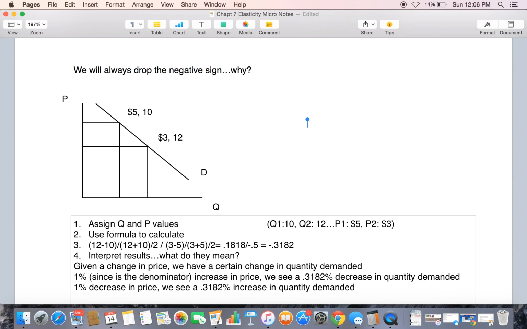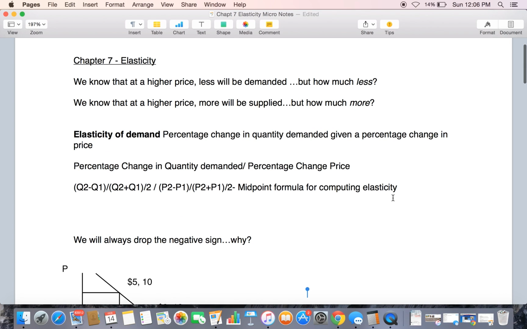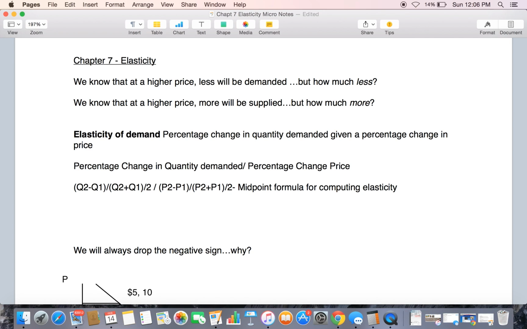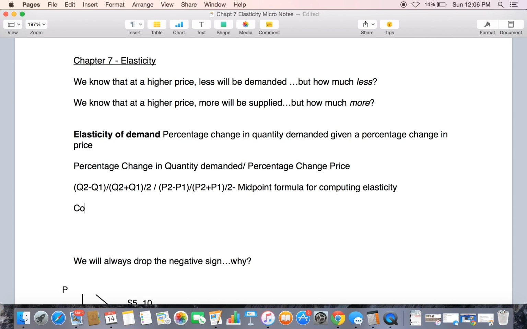demanded. So is this very elastic, or is it elastic, or is it inelastic, or is it very inelastic? We have some ways of interpreting these results based on what our elasticity coefficient comes out to be. So when we solve this formula for the midpoint elasticity of demand, or we can use it for supply, really, this is also called our elasticity coefficient.